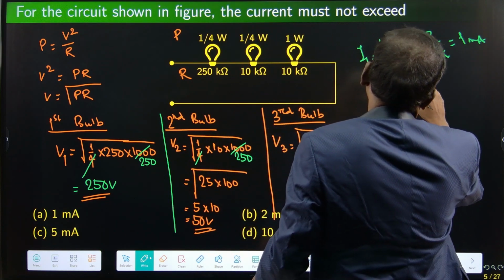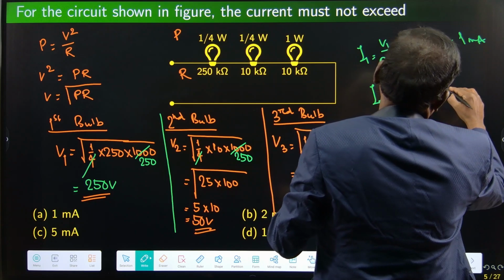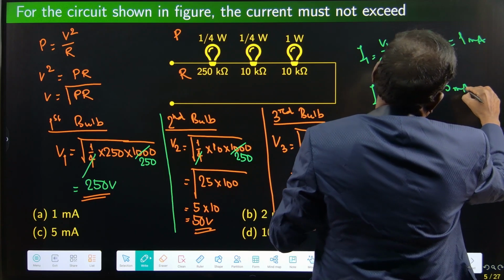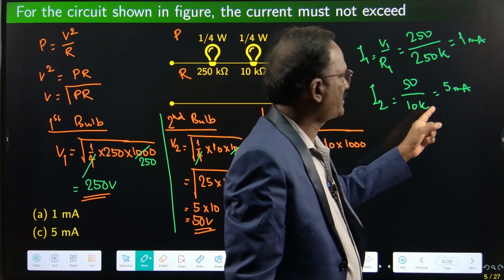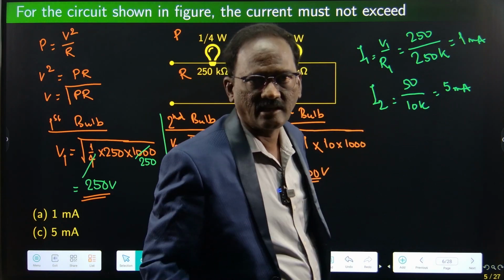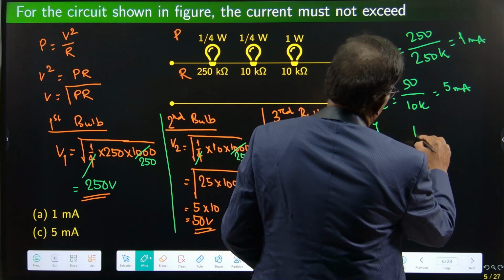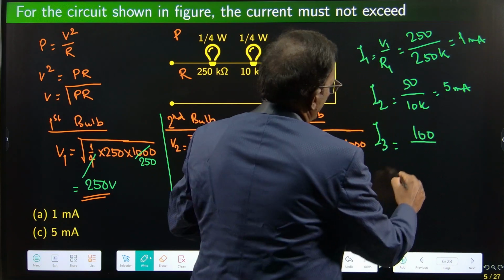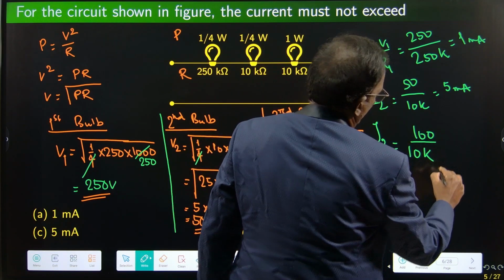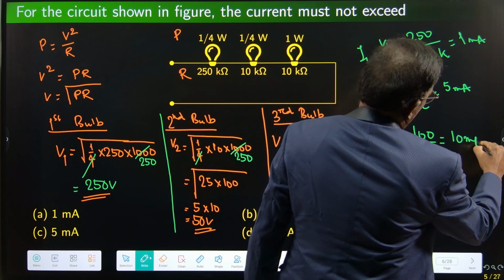V2 is 50, R2 is 10K. 50 divided by 10 is 5 milliamperes. This is 10 to the power of 3 and 10 to the power of minus 3; for 10 to the power of minus 3, you write milli. And I3 is equal to 100 divided by 10K, 10,000. So this will be 10 milliamperes.